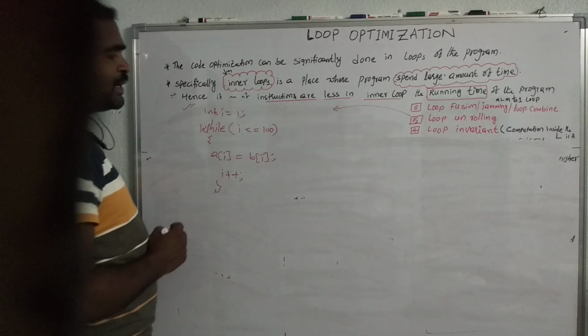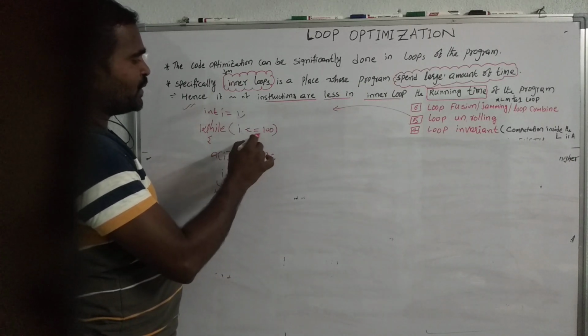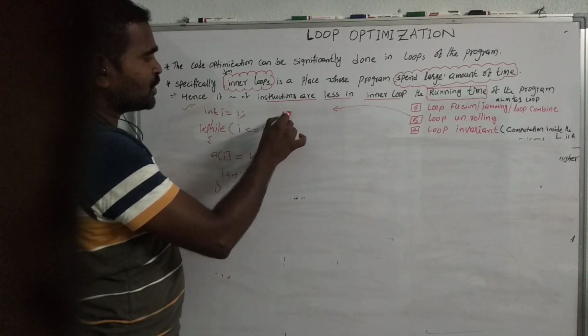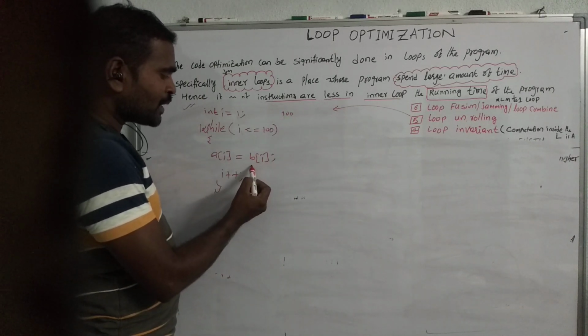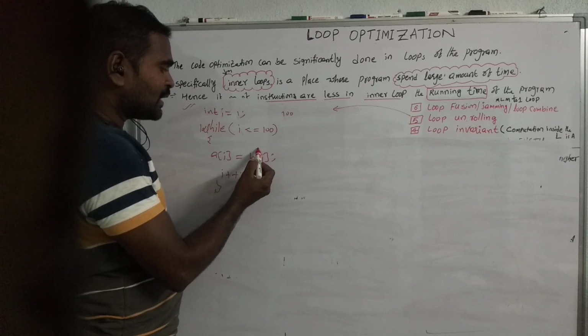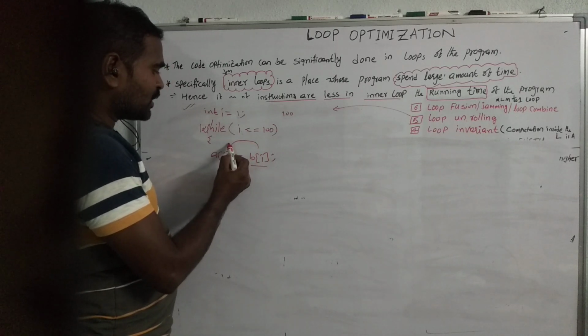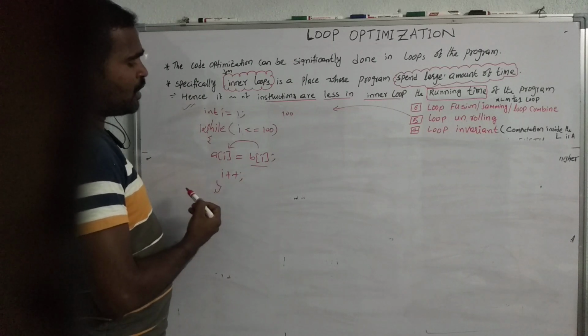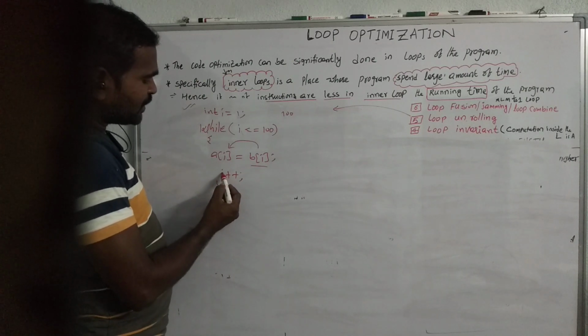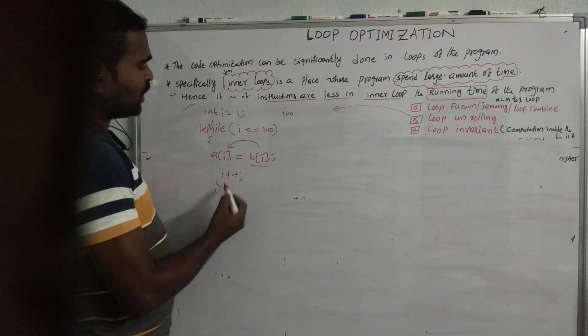In this statement, the loop is repeated 100 times. The 100 times, whatever the b content is, those values are assigned to a. After that the I value is increased by 1.